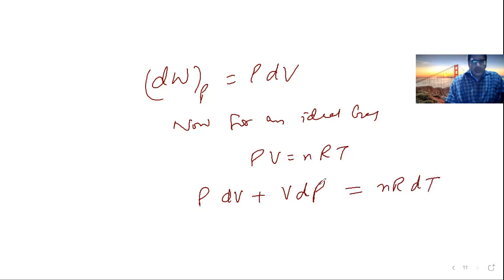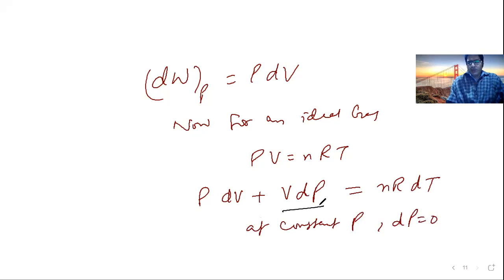Now, since we want to calculate the work done at constant pressure, the change in pressure is 0. At constant pressure, dP is 0, so this term will go. So I will get PdV is nR dT.